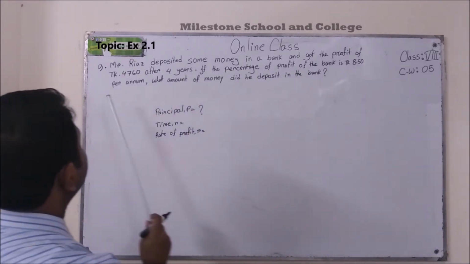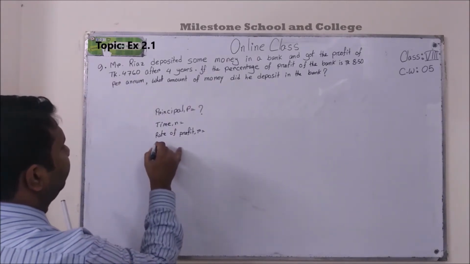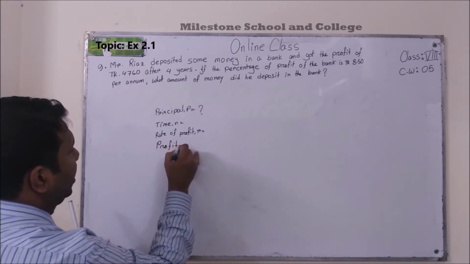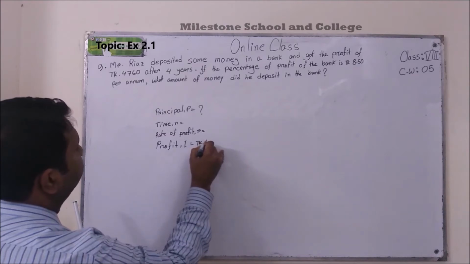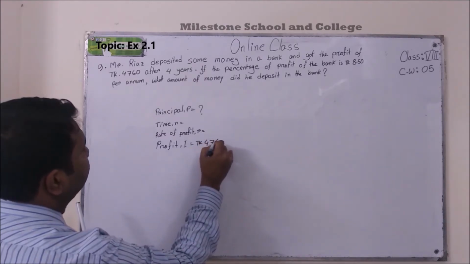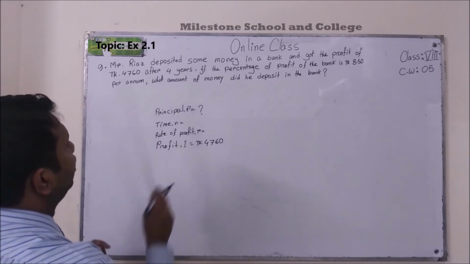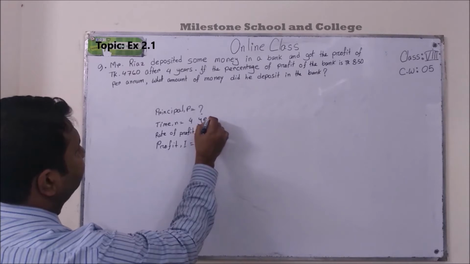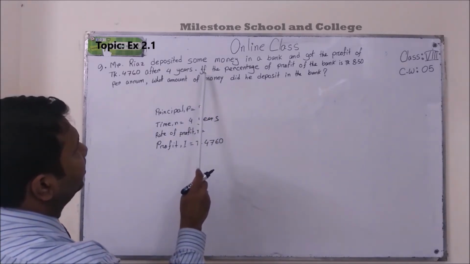And he got the profit taka 4,760. So profit I equals taka 4,760, that is our profit. Then time n equals 4 years. And rate of profit, look at it.